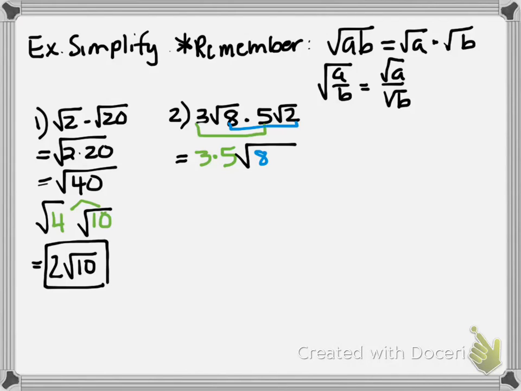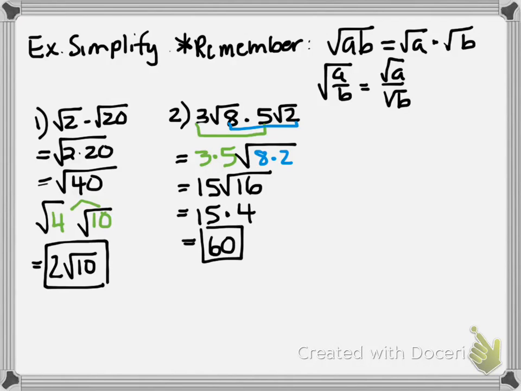So that would be 8 times 2. And then we just keep doing math. So we get 15 radical 16. And then we check to see, we have to follow the simplest radical form rules, SRF rules. Can I do the square root of 16? And the answer is yes, you can. So square root of 16 is 4. And that would give us 60. So the colored step is really an optional step. The rest of it you should be showing me.